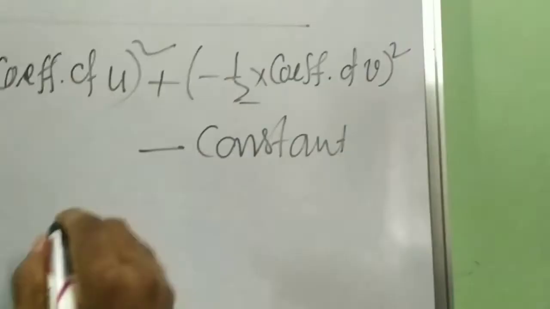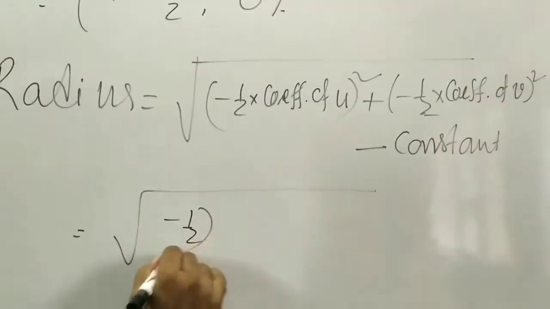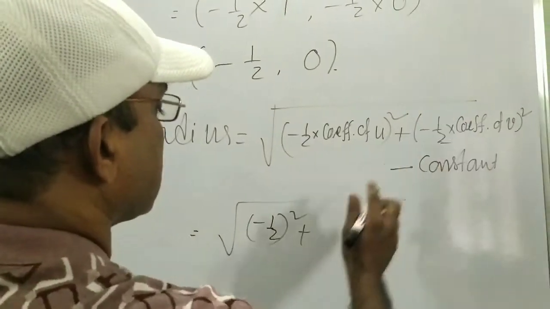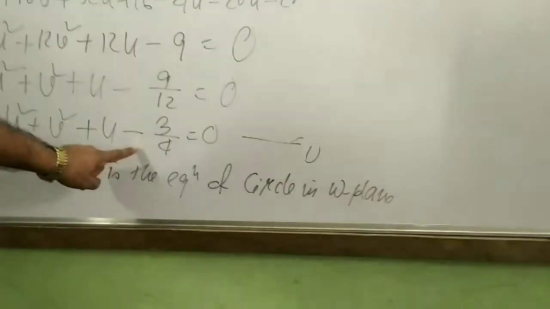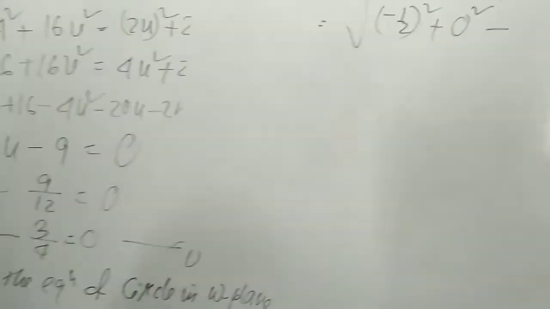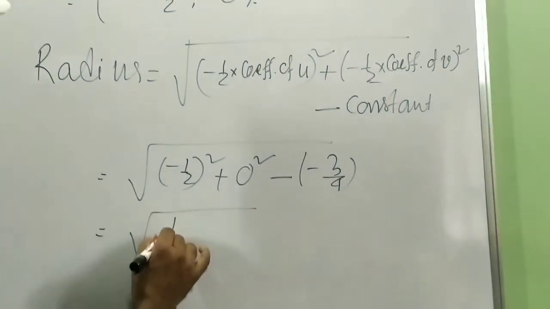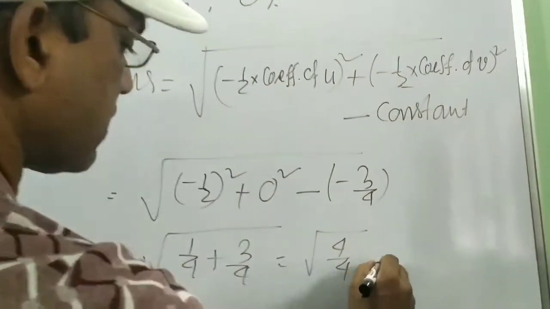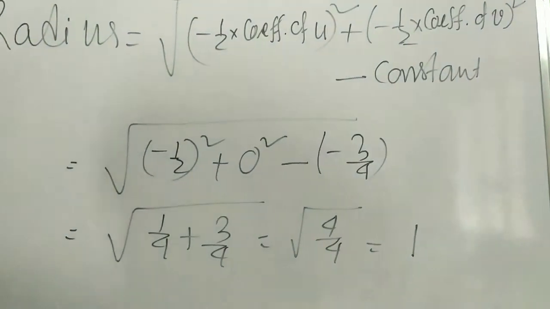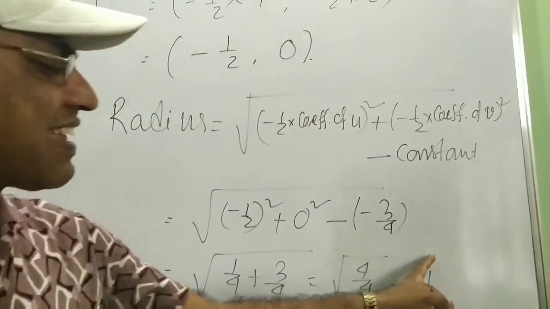So this is (minus half) whole square plus 0 whole square, and the constant term is minus 3 by 4, so minus of it gives plus 3 by 4. This is 1 by 4 plus 3 by 4, which is 4 by 4, that is 1. So we get the radius 1 and the center as found.